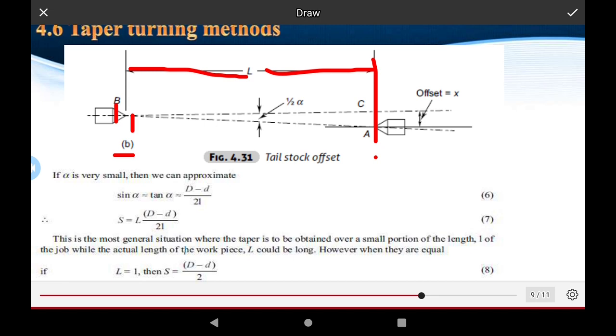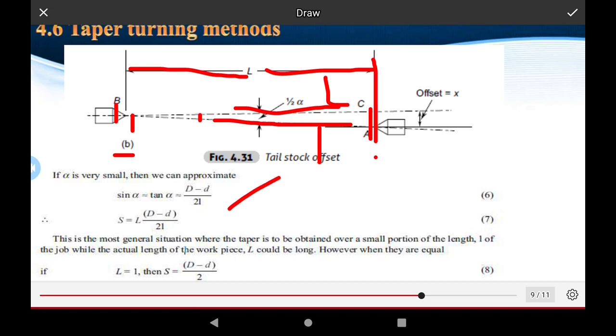Okay, tan alpha is equal to capital D minus small d upon 2L. Okay, first 1L and again it is 2L. So L plus L is 2L, total distance 2L.